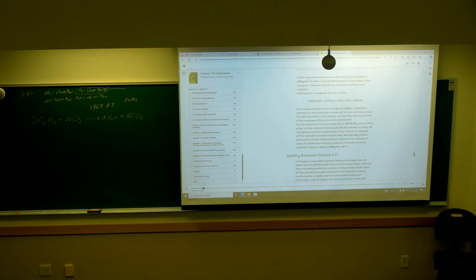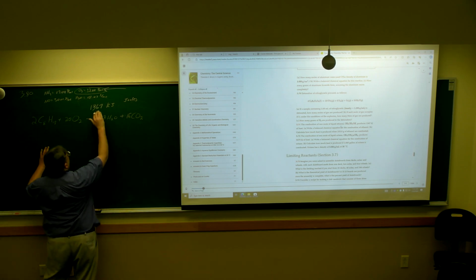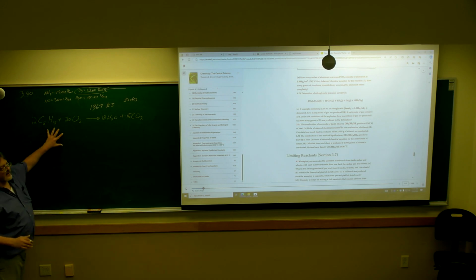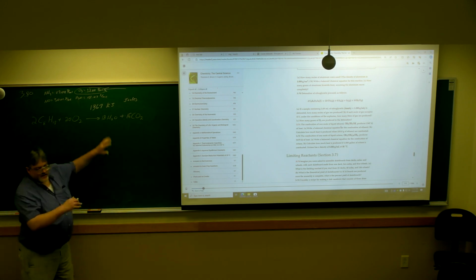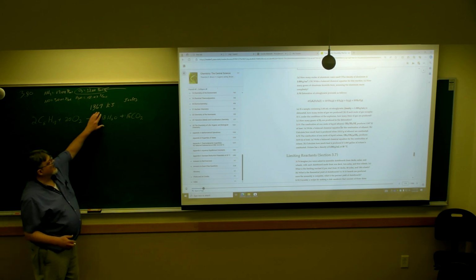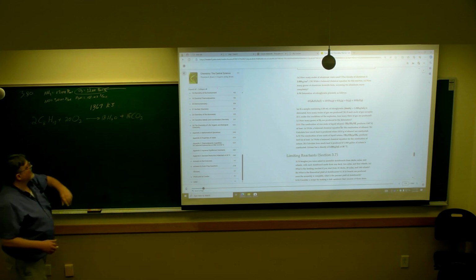So pretend, so I did all the balancing. Pretend you have a balanced equation and you're told that this reaction produces this many kilojoules. Like you put these two together and react, and you actually have a calorimeter or something to measure how much heat comes out. And you measure it, and that's how much heat comes out. So you have kilojoules, that many kilojoules.